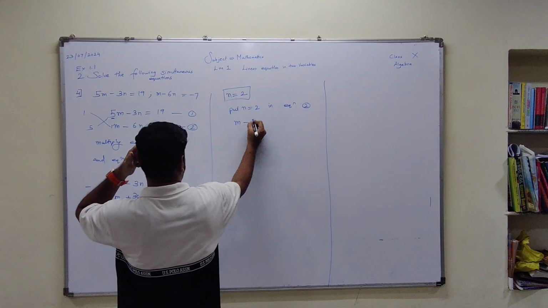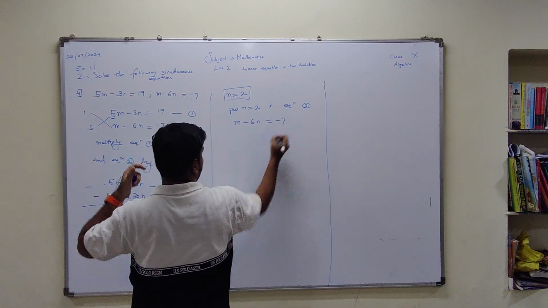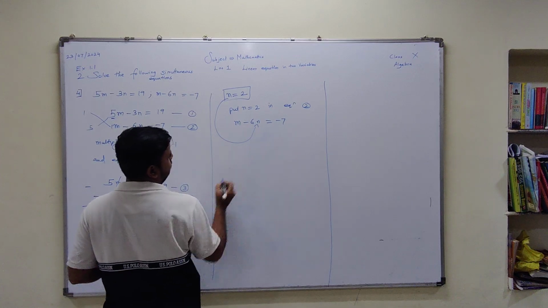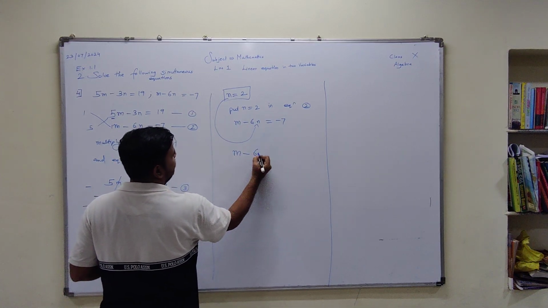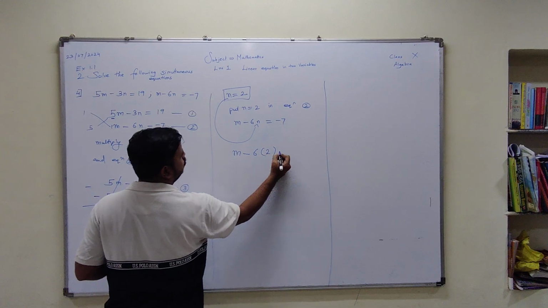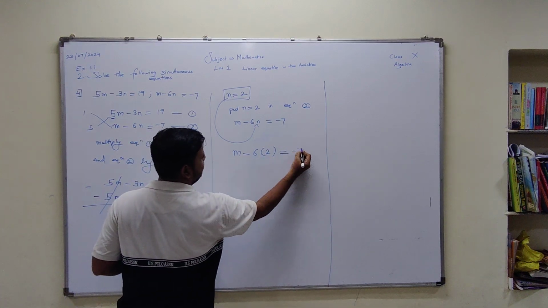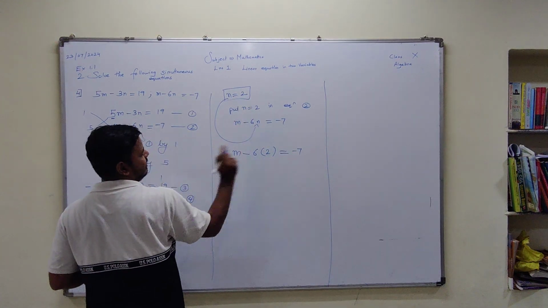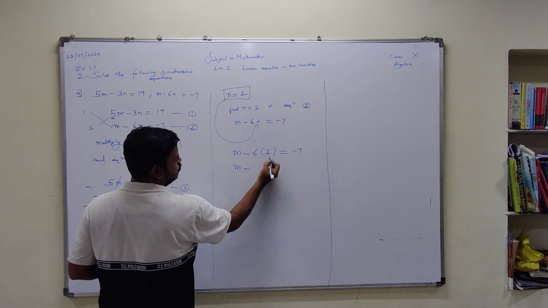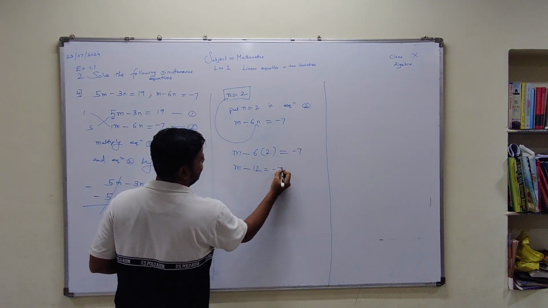So m minus 6n equal to minus 7. We'll put n equal to 2 here. So m minus 6 times the value of n, which is 2, is equal to minus 7. Just put the numerical value of n. So m minus 6 twos are 12 equal to minus 7.